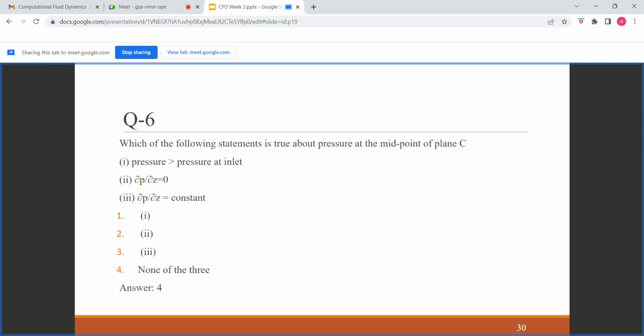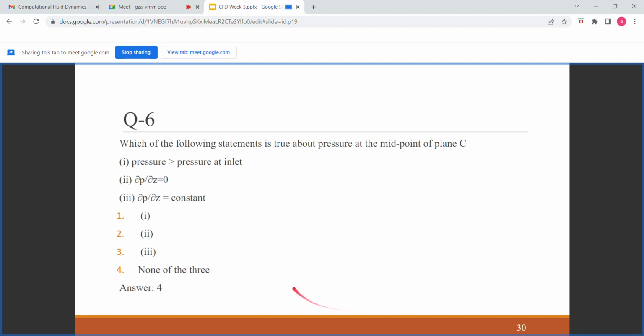It is given that one can expect the flow to be fully developed by plane C. So obviously a flow occurs in the direction where pressure drops. So pressure is not greater than pressure at the inlet, and also the pressure gradient is not 0, and pressure gradient is not constant.